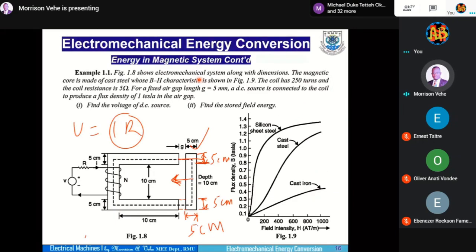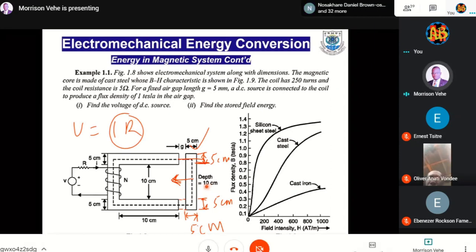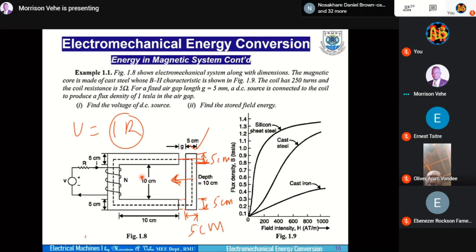So we come back to the core. All right. If we are looking at maybe 10, and then we also look at the entire core, we have 10.